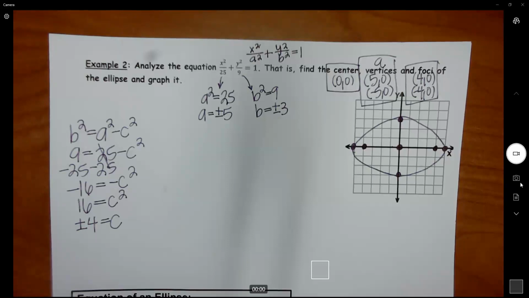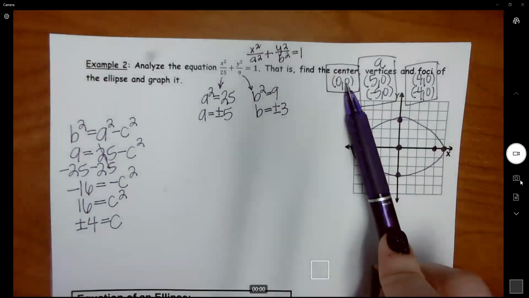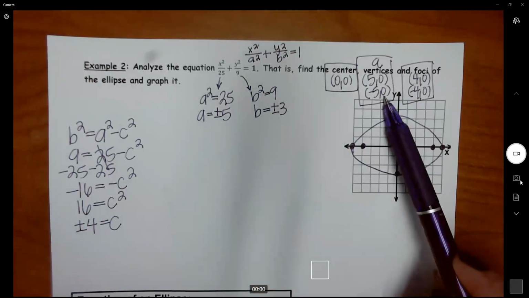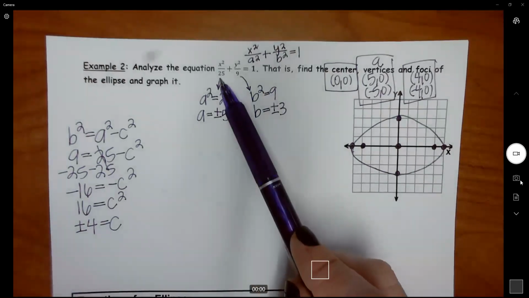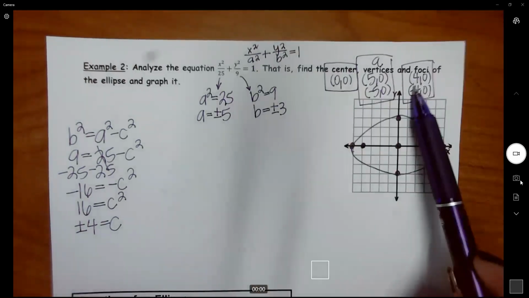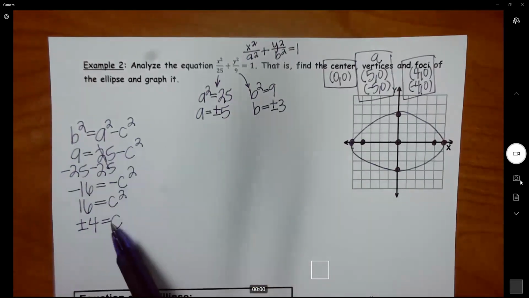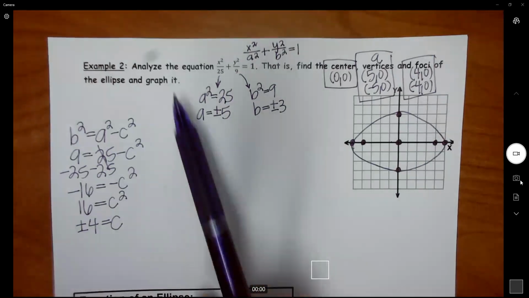Okay, and so now we have done everything that it is. We have analyzed the equation by finding the center at 0, 0 because it's x squared, y squared. We have found the vertices, that's my A, so we just took the square root of 25. And we found the foci by using our formula to solve for C, and then we graphed it.